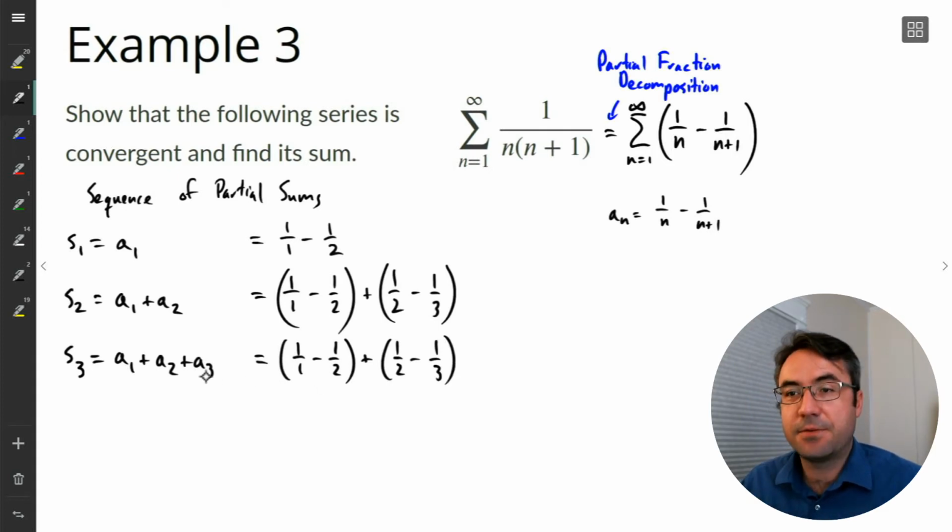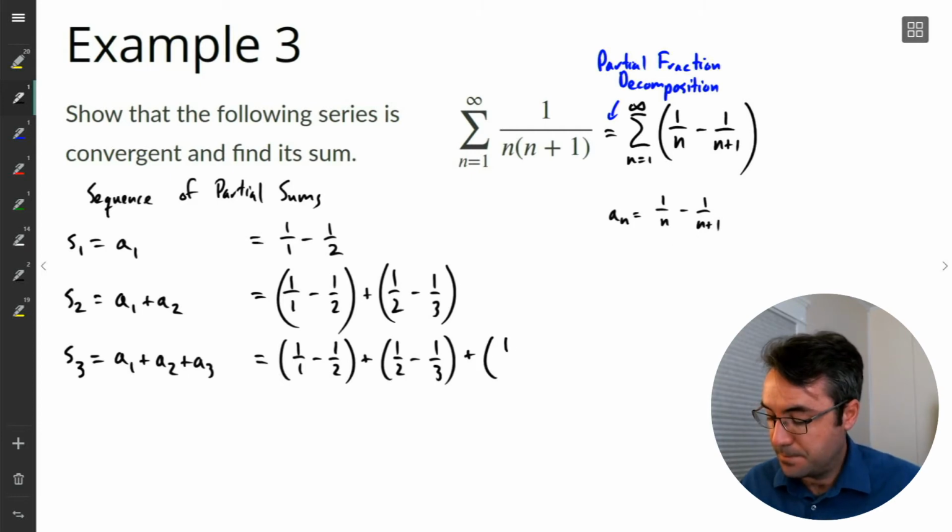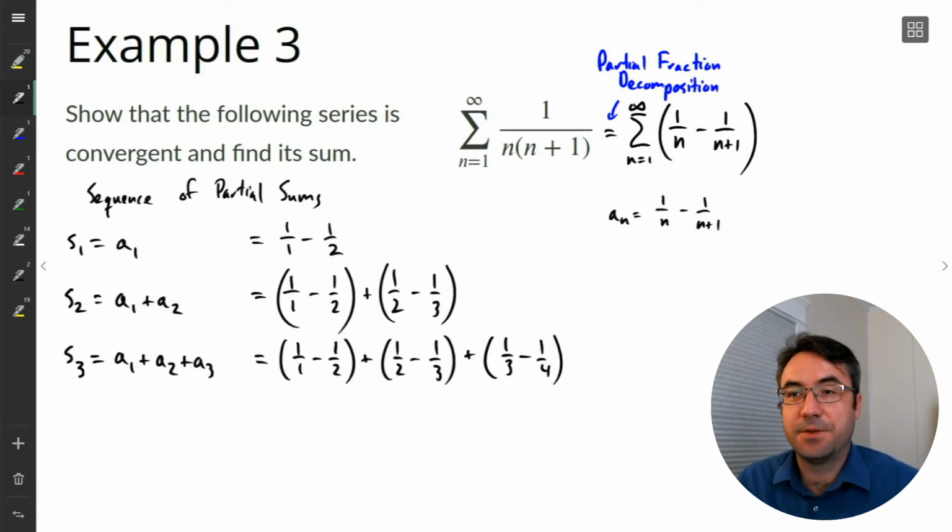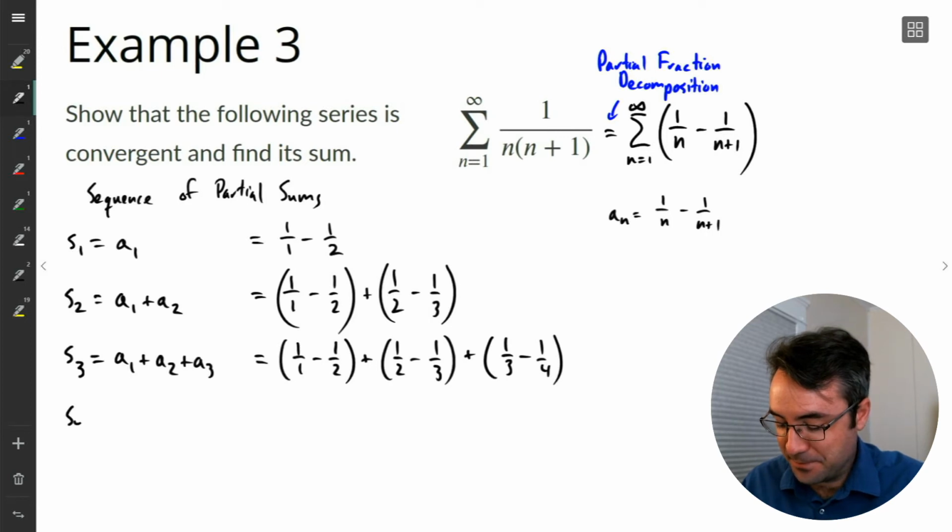And now what is a3? Well, to find a3, we just plug n equals 3 into this formula. So we get 1 over 3 minus 1 over 4. All right, so there's S sub 3. And brace yourself. We're going to do some simplifying in a few minutes here.